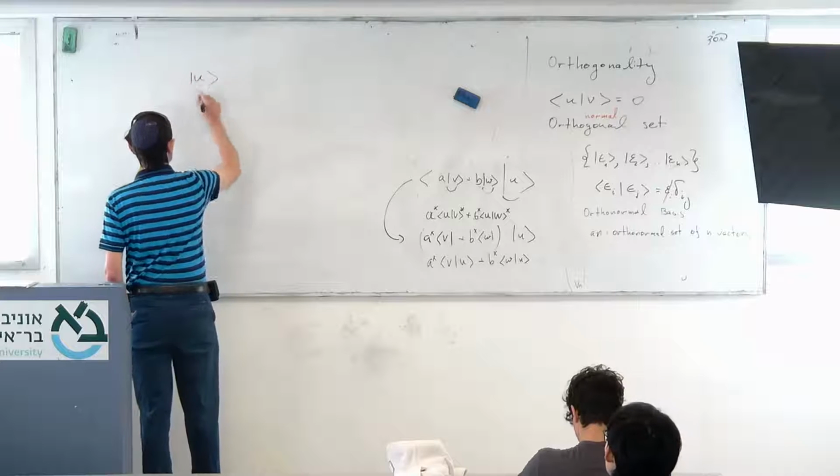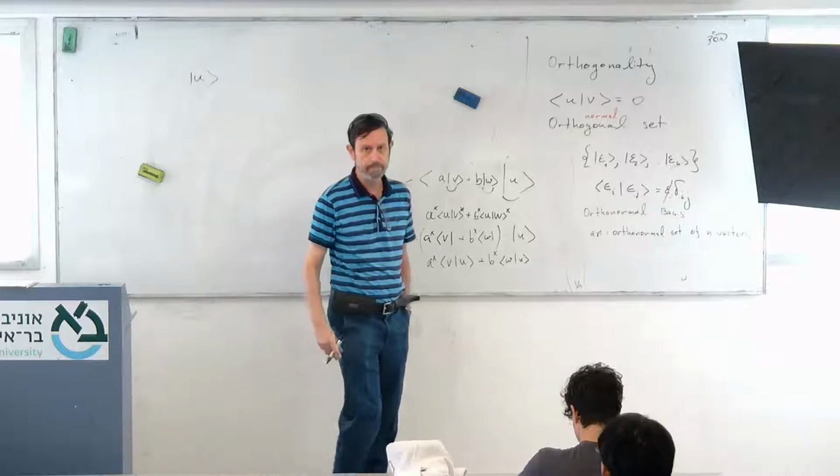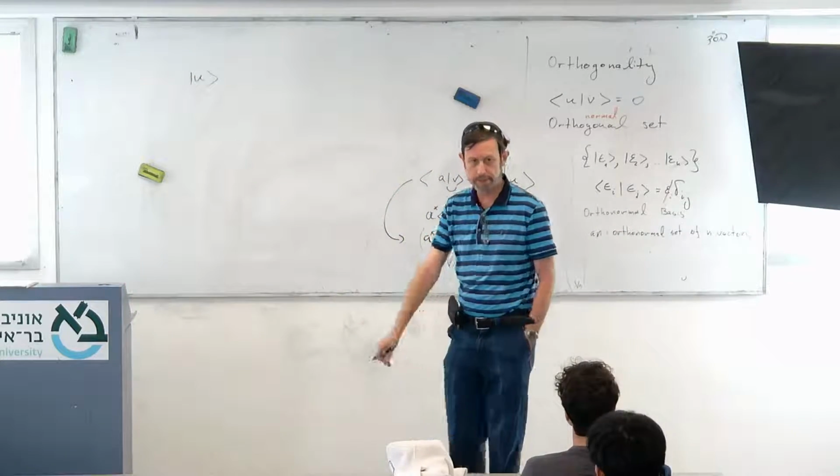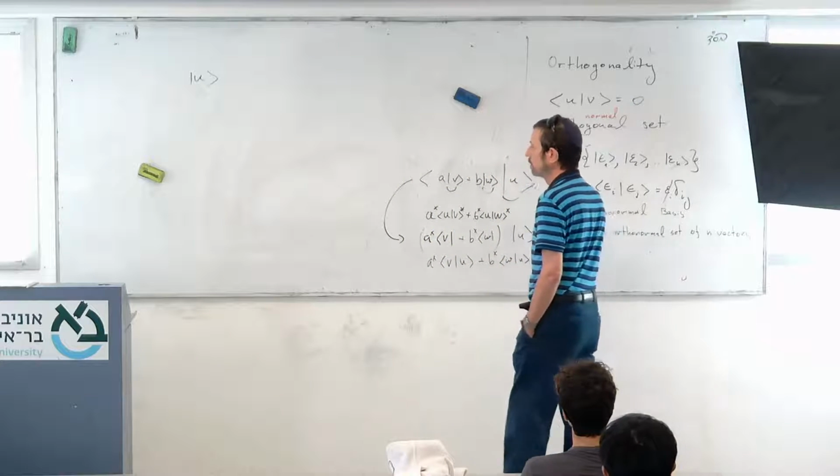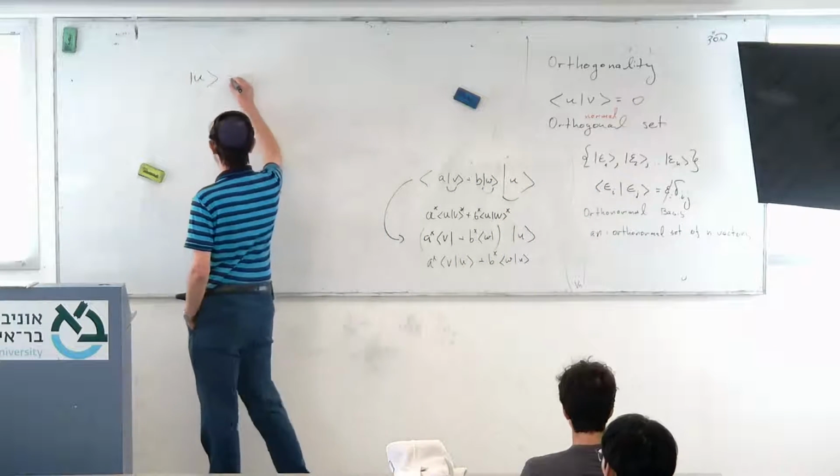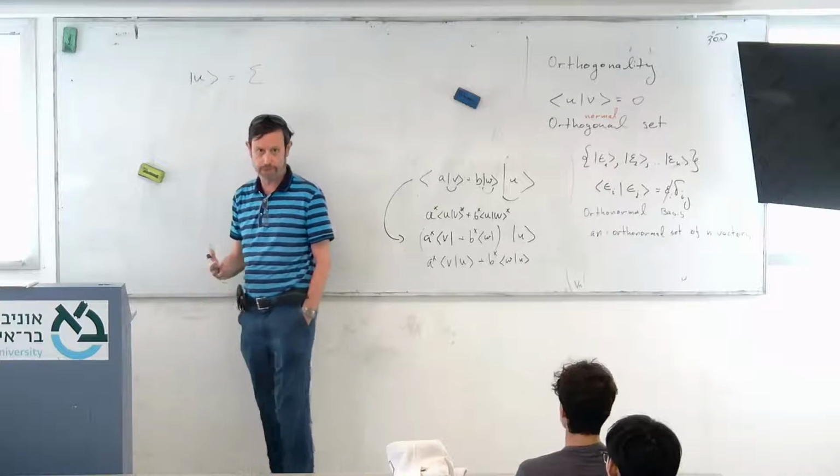It explains that if you have a vector u and I have a basis e or epsilon, I can always write it as a linear combination.